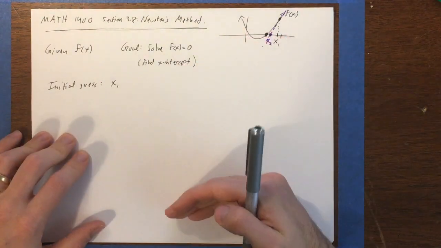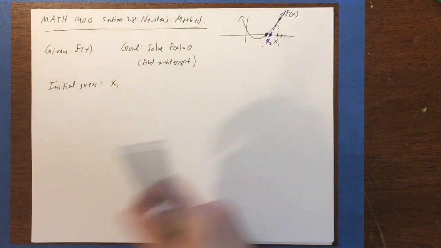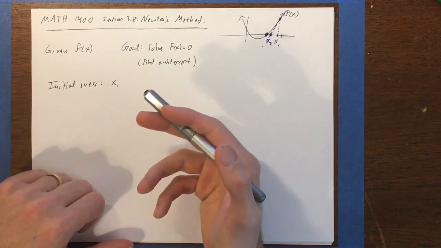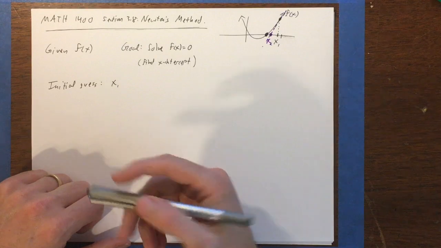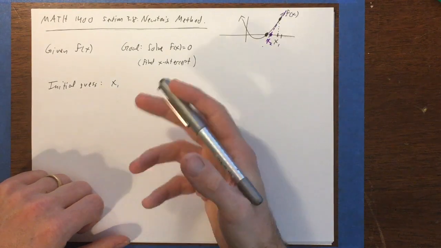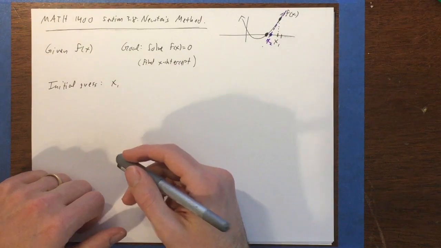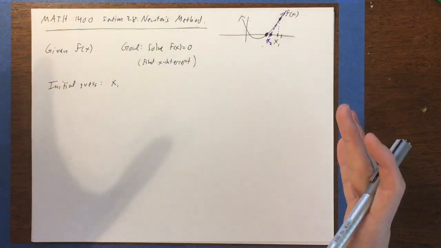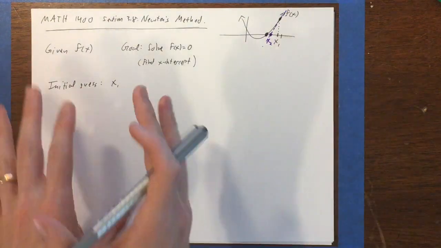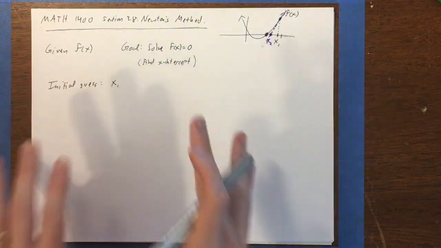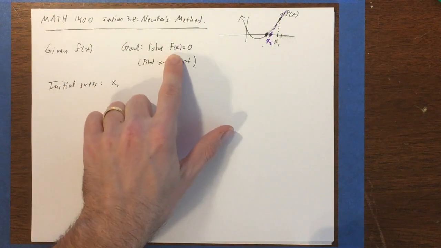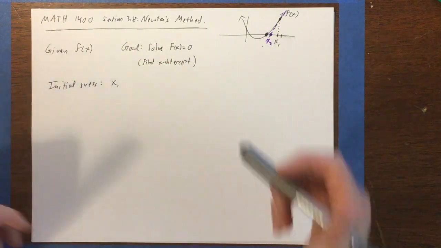But the way I want to go about doing it in this video is without specifying a particular function f of x. We're going to use one of the most powerful tools in mathematics, which is generalization. Instead of solving some specific problem, we're going to remove any specific information and look at the more general situation: you have a function, you want to solve f of x equals 0, let's apply this method.